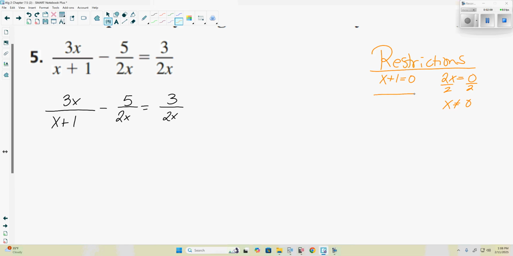And the x plus 1, we can subtract 1 from both sides, telling us that if x is negative 1, it would cause the denominator to be 0. It's our other restriction. So if 0 or negative 1 shows up as a solution, we will have to remove them from our solution set.